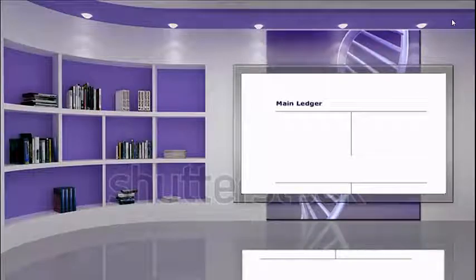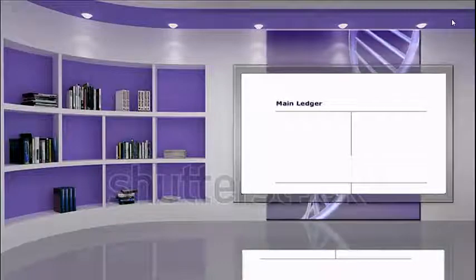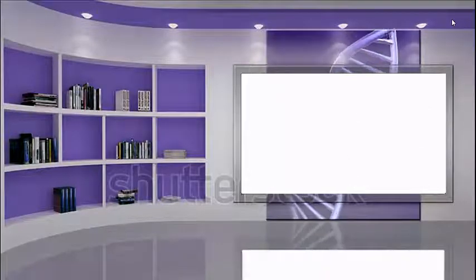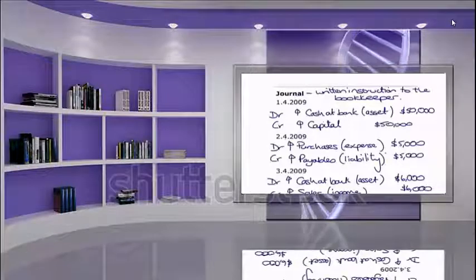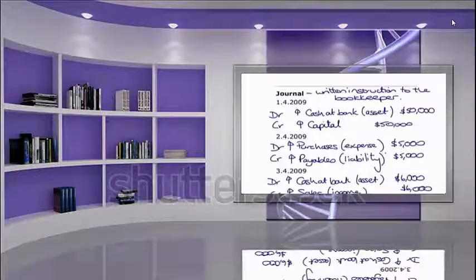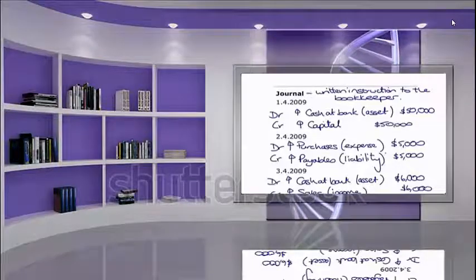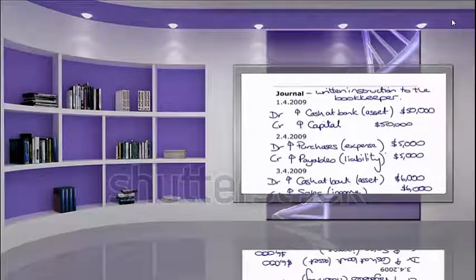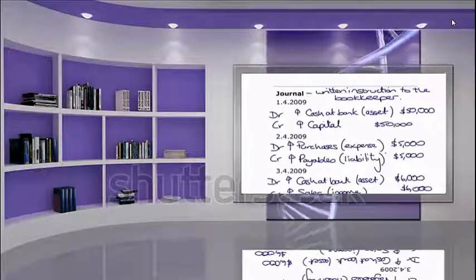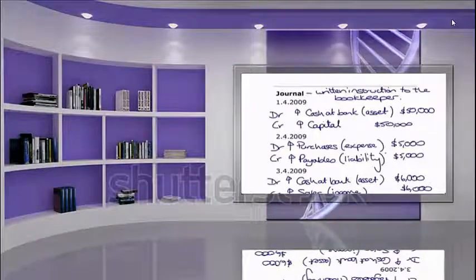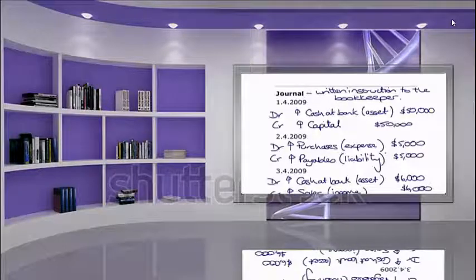If we refer back to the journals that we just did for George, our first journal was on the 4th of April, where we said we were going to debit cash at bank account and credit the capital account. What we've done there is create two accounts, cash at bank and capital, and they needed a separate ledger account each.